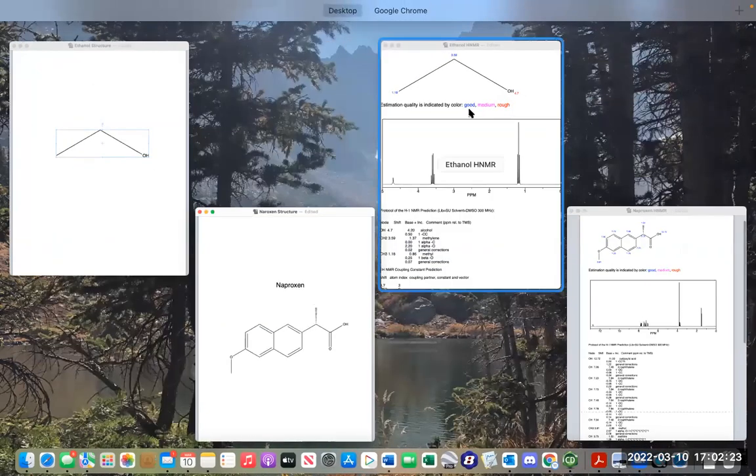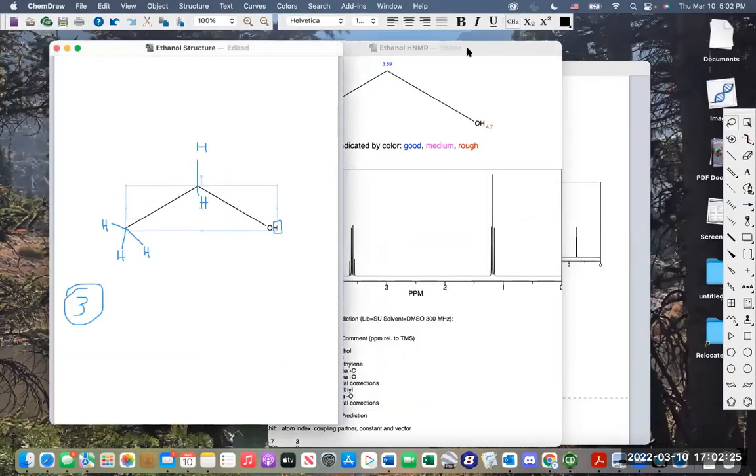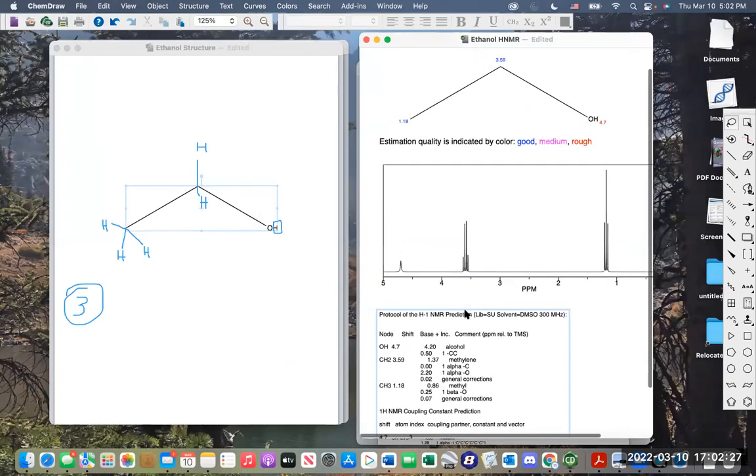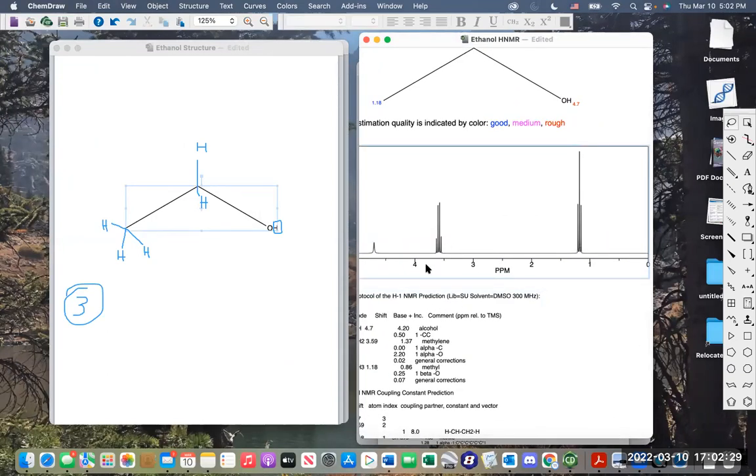As you can see, the different signals in the spectrum of ethanol are broken up into different little peaks. That is due to a phenomenon called spin-spin coupling. Spin-spin coupling is a concept that describes the magnetic interactions between neighboring but non-equivalent nuclei which are active in NMR.